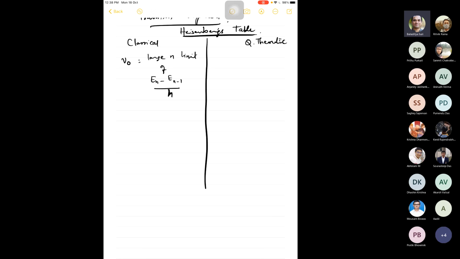Right? This nu naught, the fundamental frequency, is classically for large n. For large n, if you take this quantum theoretic formula and you construct (En minus En minus 1) by h, for large n, you get this fundamental frequency. Right? This is Bohr's correspondence.